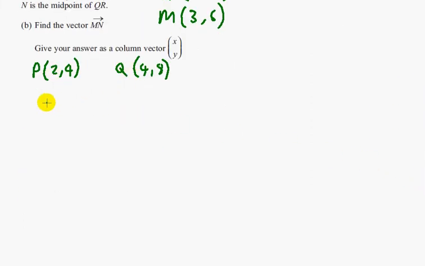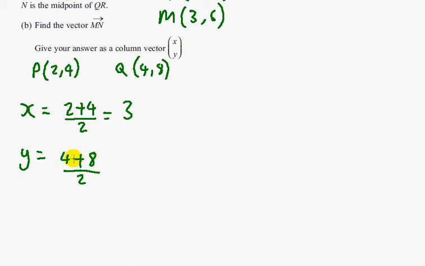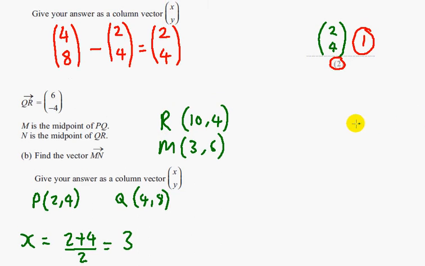So the x would be 2 add 4 divided by 2, so 6 divided by 2, 3. And the y value of the midpoint would be 4 add 8 divided by 2, so that's 12 divided by 2, which is 6. So M, the midpoint, has a coordinate of (3, 6), which is what we said earlier. So we've worked out R, and we've worked out the position of M.